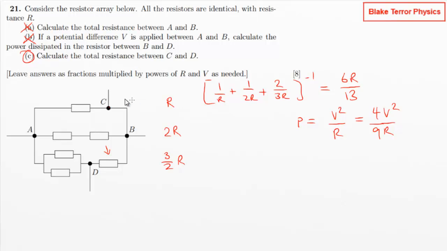Now, some people just say, oh yeah, well, if we were going to try and redraw this diagram, we can say, well, any point on a wire which doesn't have anything interrupting it, so any point along this wire here connecting C and B, is identical.